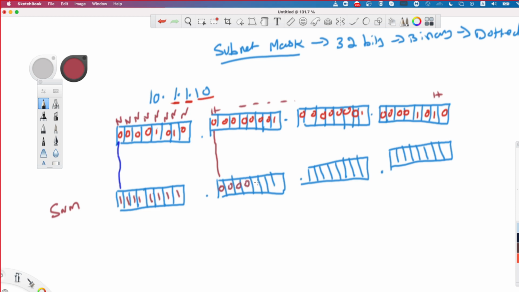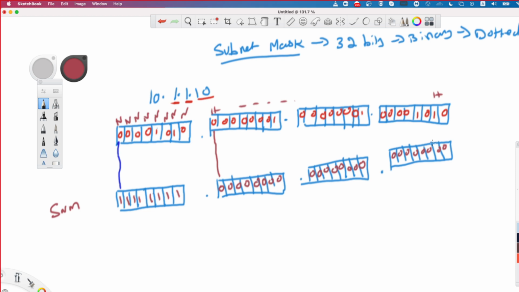As I said earlier, the subnet mask bits can be zeros or ones. It can be 1 when the corresponding bit is a network ID bit. It is going to be 0 if the corresponding bit is a host ID bit. Is that clear? So basically, I am trying to build something called a subnet mask. It is 32 bits in length, expressed in binary.